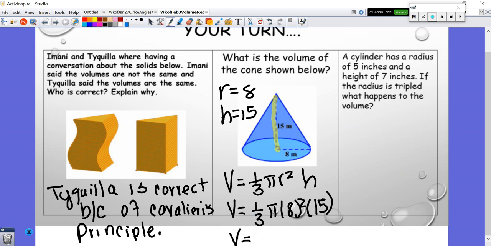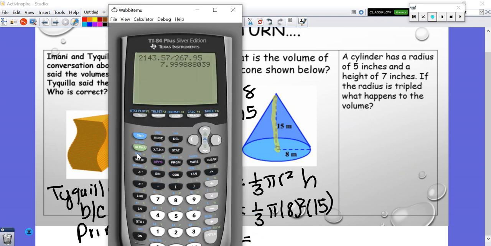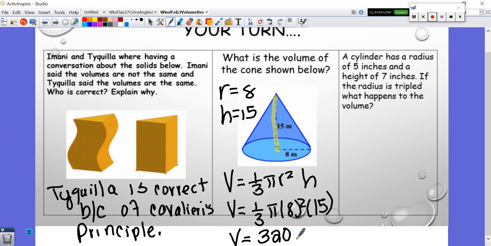Okay, and I'm going to grab the calculator. Alpha y equals, enter, 1/3 times 8 squared times 15, and that's 320 pi meters squared.